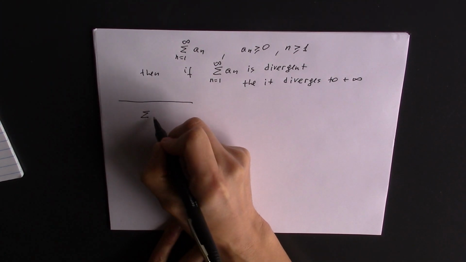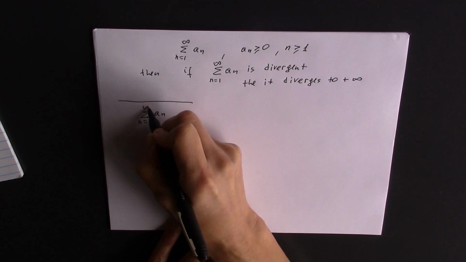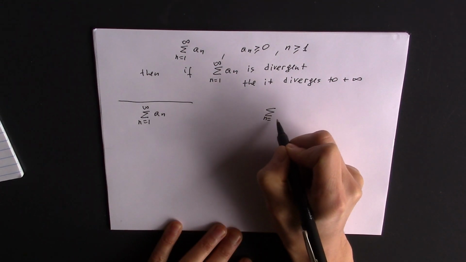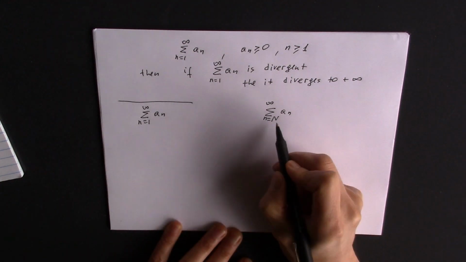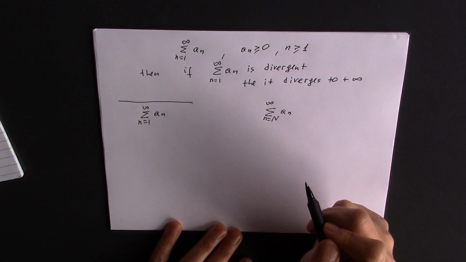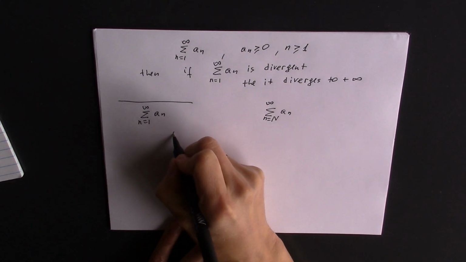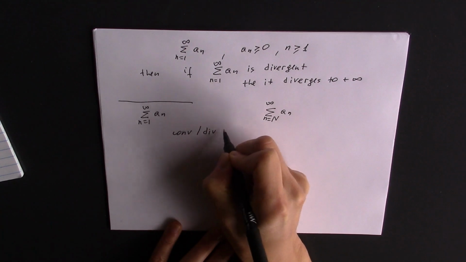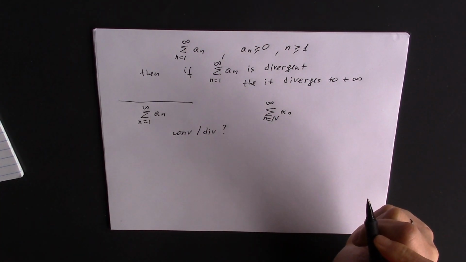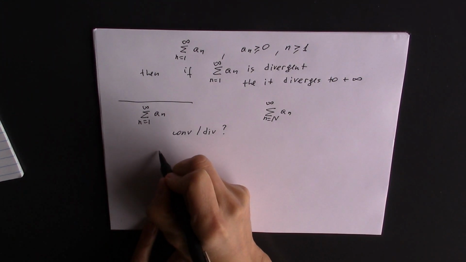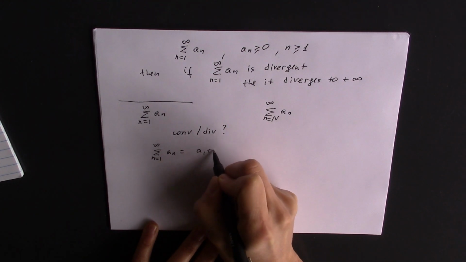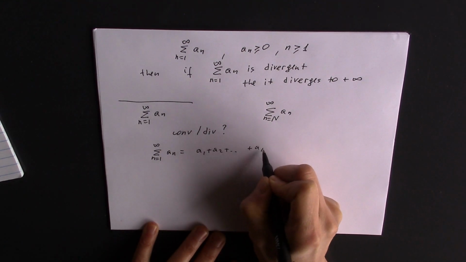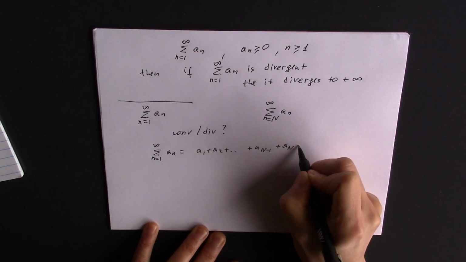If you look at the two series, the difference between the two series is, the first series we start adding with n equals 1, the second one we start adding with capital N. And if we're concerned about convergence or divergence of a series, then if you look at the first series, that is a1 plus a2 plus ... a capital N minus 1 plus a capital N plus and so on.